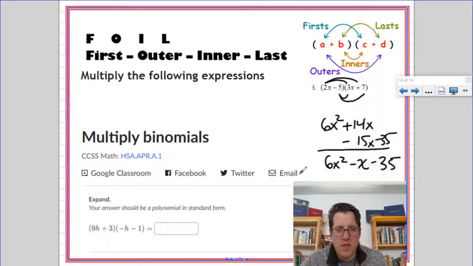Now, I wanted to do one of these example problems for you because Khan Academy does this funny thing where it'll use like -h or -x, and I wanted to make sure we talked about that. So when you go to FOIL this, 9h times -h makes -9h squared.